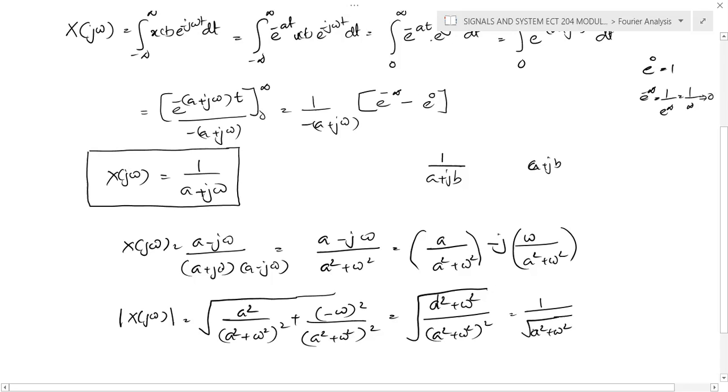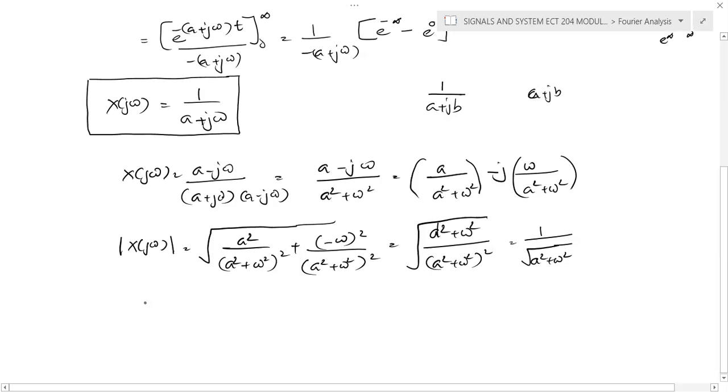Or you can directly apply it here. If it is a complex number, you can find the magnitude by simply taking the magnitude of the numerator and the denominator separately. That is, x of j omega is given by 1 by a plus j omega.